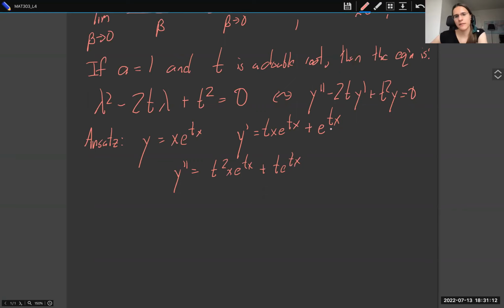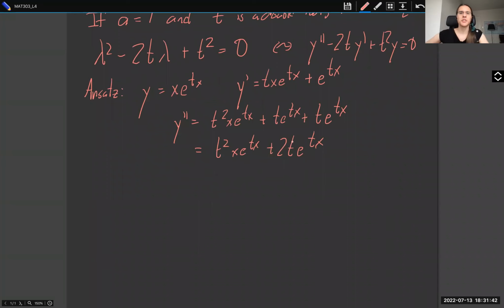And then what do I get when I differentiate the other term? Just t e to the t x, right? So that's t squared x e to the t x plus 2t e to the t x.